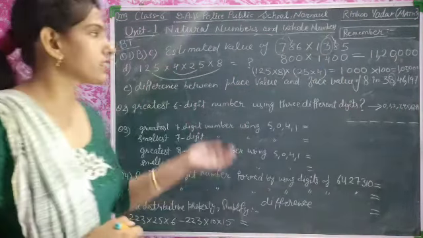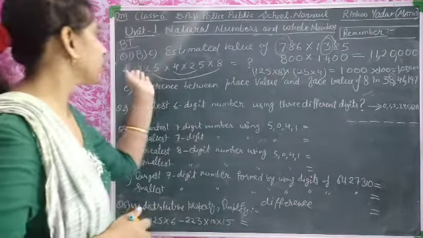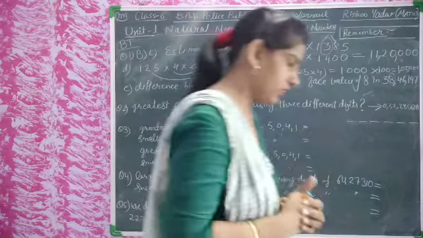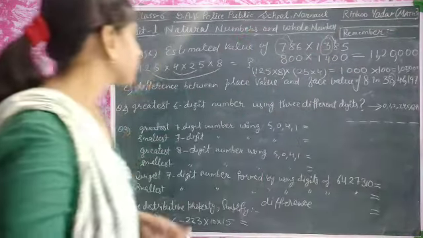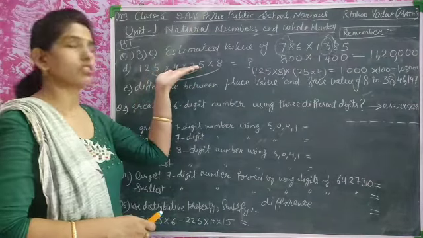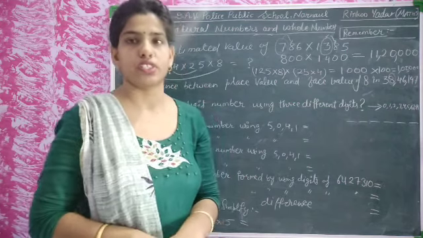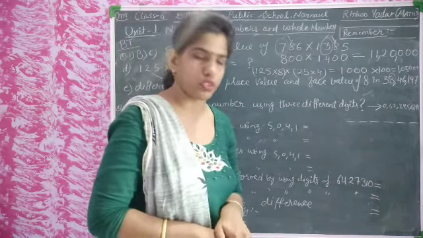So students, this is the product of these numbers by using grouping of numbers. By using grouping, we can easily solve the questions. So we use these types of ways to solve the questions.